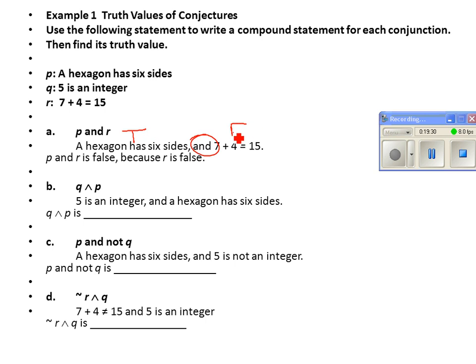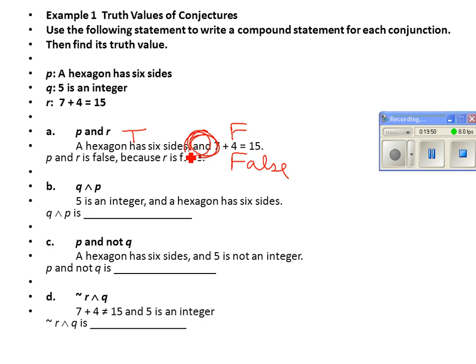No. So that's false. So we have true, the word and, then false. Is that whole statement true or false? False, because with the word and in there, both parts have to be true for the whole thing to be true.